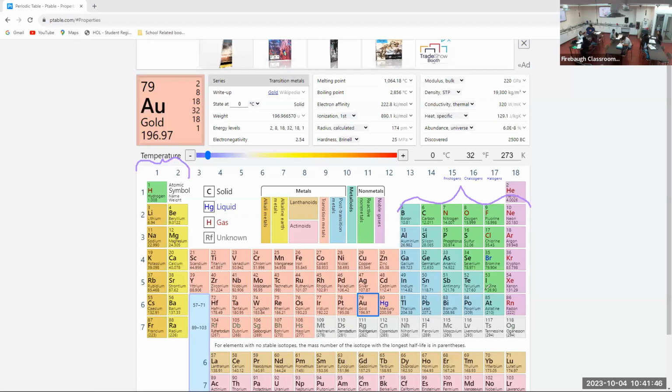We're only going to count the S and the P. There's tellurium. So how many do we have in the S? So that's 1, 2, 3, 4, 5, 6. So we have 6 electrons to work with for tellurium. Okay, does that make sense?